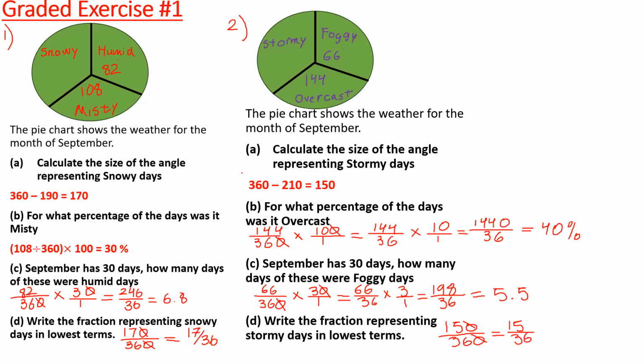Okay, good. And 15 over 36, how are we going to do that? We're going to divide both sides by what? 3. Mila, I still can't hear you. Divide both top and bottom by 3.